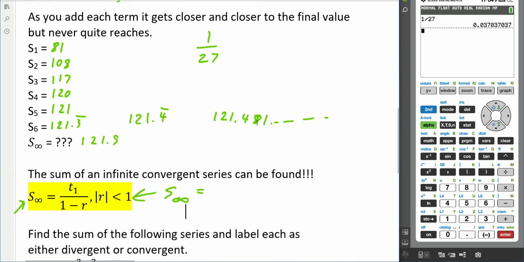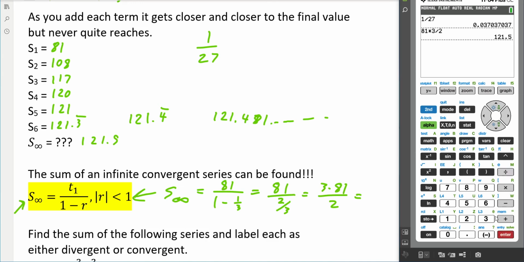In our example here, we have 81 on top, 1 minus r. r is the 1/3. So 81 over 2/3, which is like 3 times 81 divided by 2, which I'm just going to plug in, is 121.5.